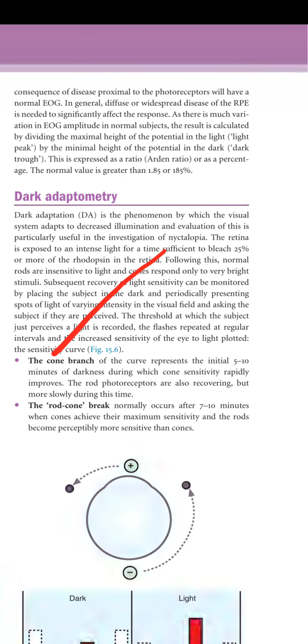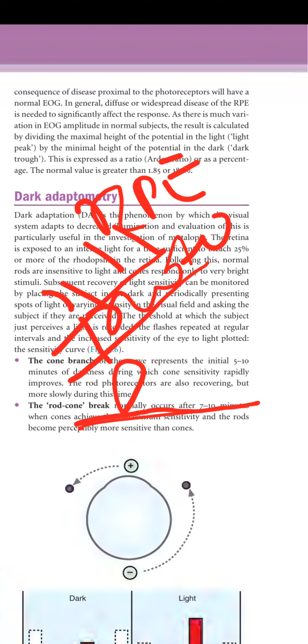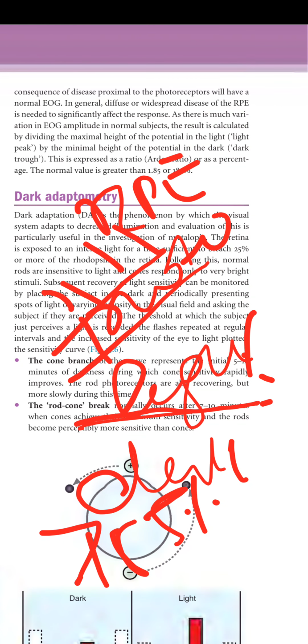Any disease that is at the level of the RPE or distal will affect it. So basically we measure the light potential and the dark potential, and the result is usually given as a percentage, and the normal value is greater than 185%.